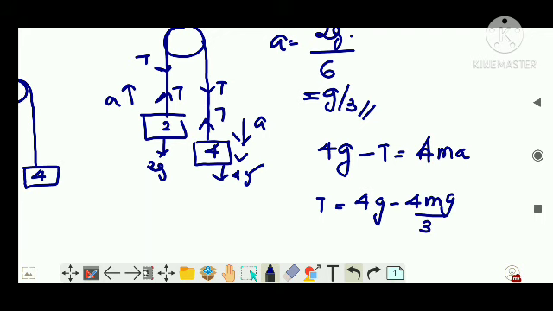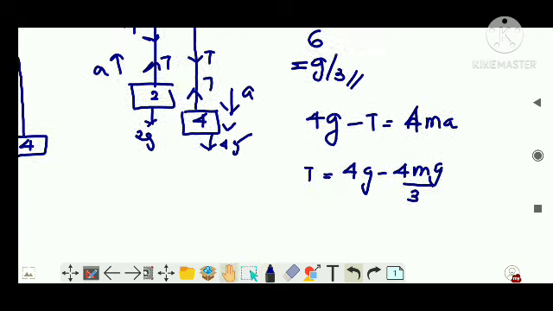So it becomes 12 minus 4 is 8, so you will get T is equal to 8g by 3. Why did I write 4m? Sorry, this is not 4m now. It is 4 kilogram into its acceleration, right? Similarly here, you will get 8g by 3 as a tension.